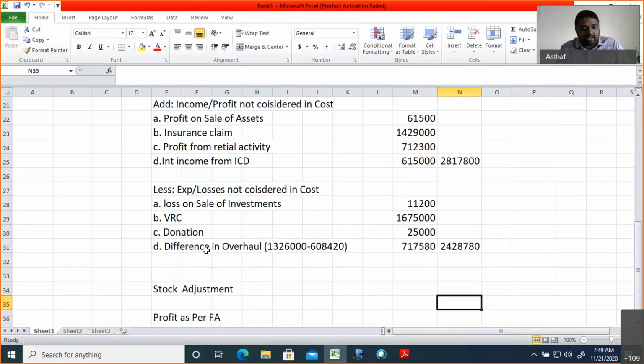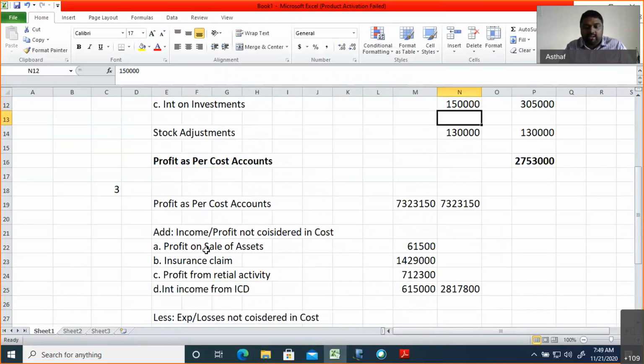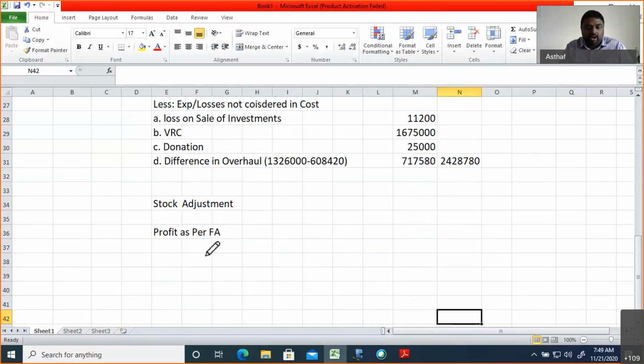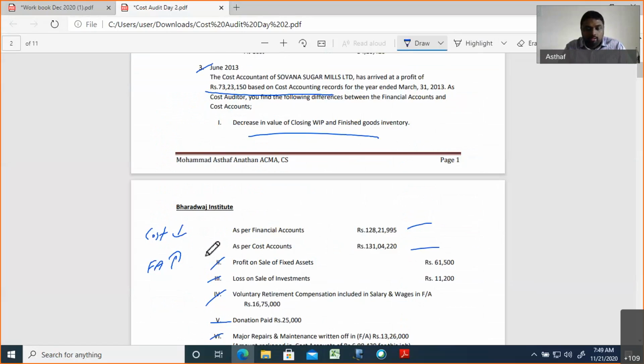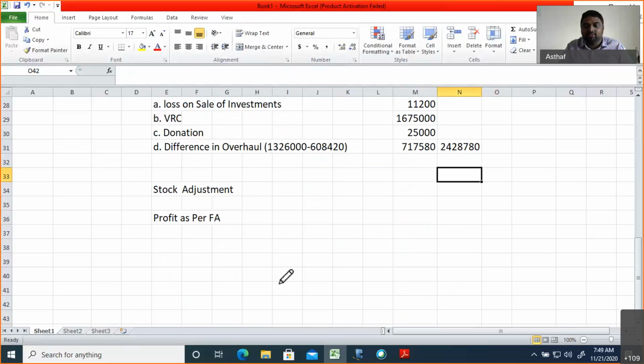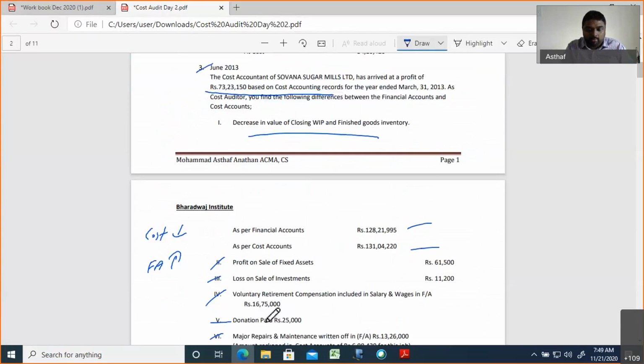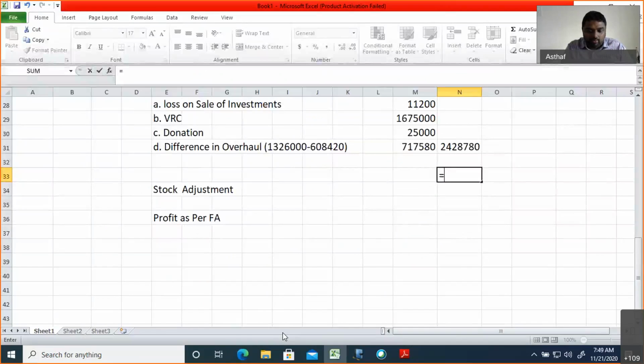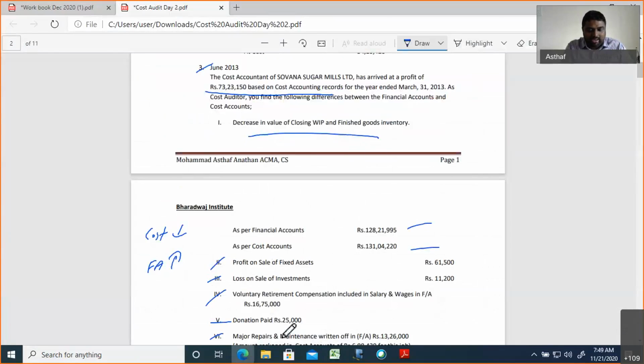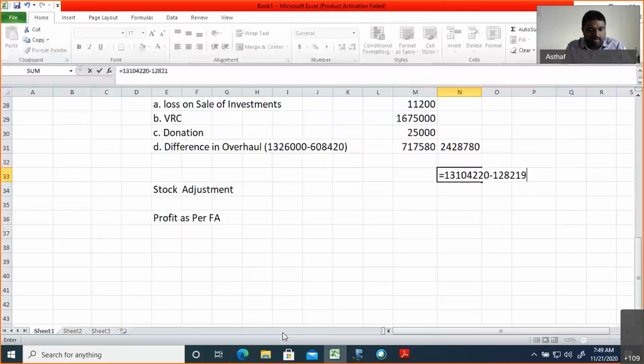So we are starting with the cost profit. We are finding the financial profit. If cost is less, financial will be more. So if you want to get financial, we have to add. What is the amount we have to add? 31,04,220 minus 28,21,990.